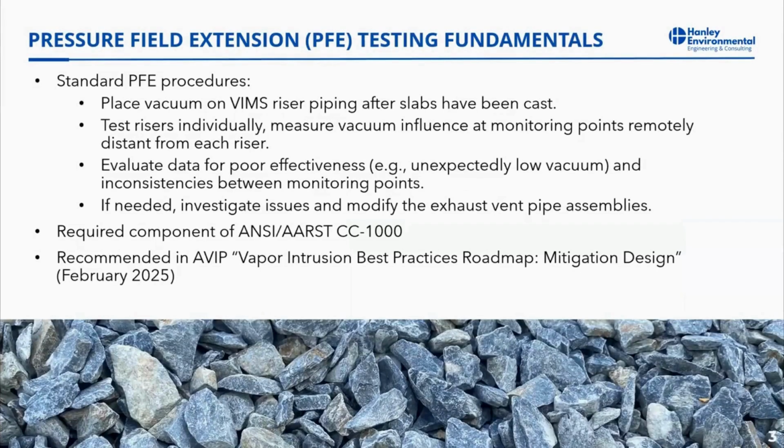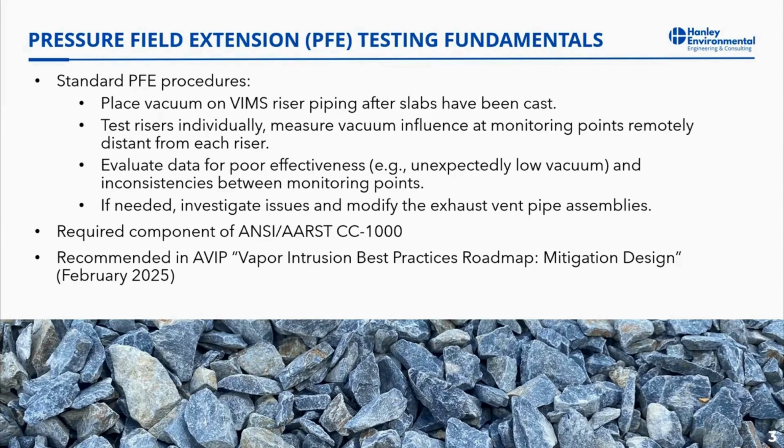So some background on what pressure field extension testing is. This is a type of testing that's used to verify that a venting system can get influence throughout an entire subslab. After the subslab venting piping is installed, usually within a gravel layer, and there's a barrier over top, and then a slab is poured, we'll go in and put a vacuum on the VIMS riser pipes and take measurements of the vacuum influence in the subslab at different distances away at test ports through the slab.